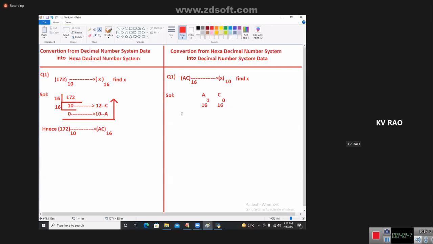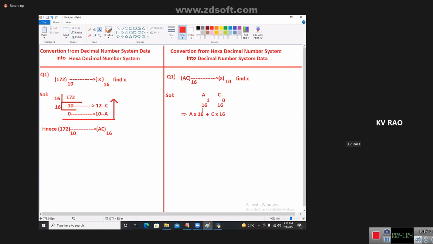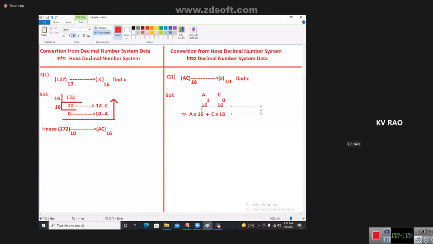What is the answer now? A into 16 to the power of 1 plus C into 16 to the power of what? This is called 1. 16 to the power of 1.